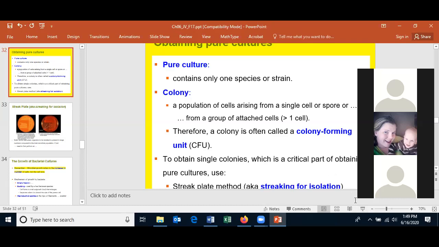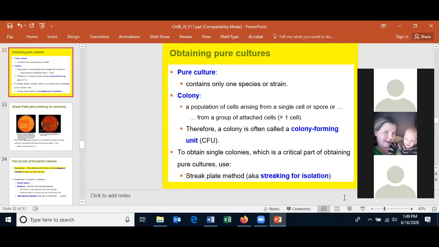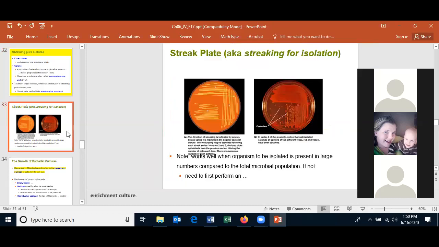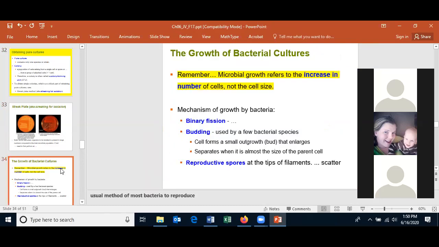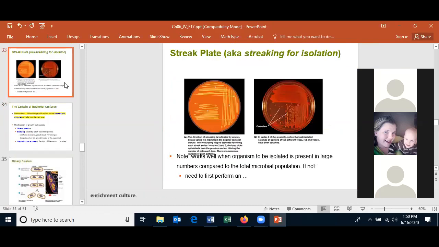To obtain single cells, like I said, it's important to get single isolated colonies, and you do that 2 times, streaking for colony isolation. And when you do that 2 times, there's a really good chance that you'll have a pure culture. All right, any questions about that?